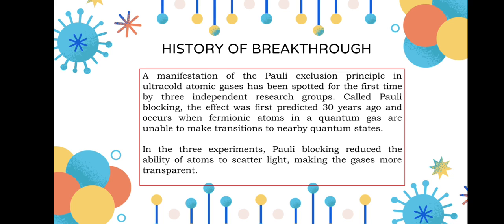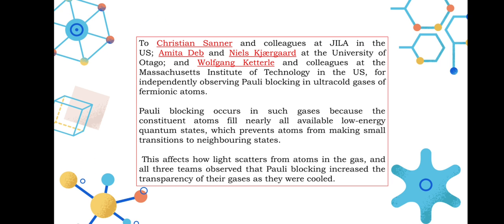And of course, it happens when fermionic atoms in a quantum gas are unable to make transitions to nearby quantum states. So in the 3 experiments, Pauli blocking reduced the ability of atoms to scatter light, making the gases more transparent.